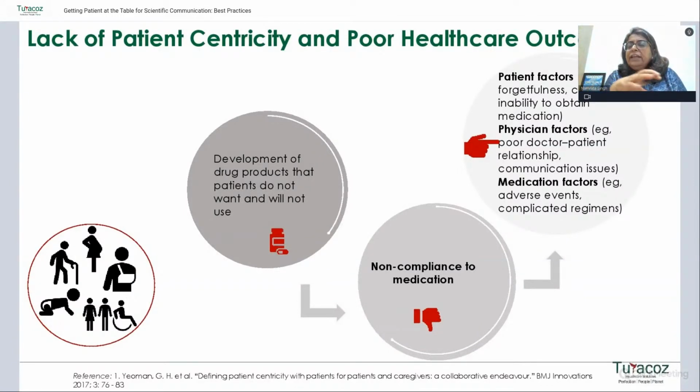So each patient is an ambassador of a drug, an ambassador of a treatment we have given to him or her, and we have to consider that from the beginning till the end of the patient journey, what they are going to say outside, especially now when we have social media, when we have information which is freely available. So we have to be very careful about how we are conveying and what perception the patient is taking from us.